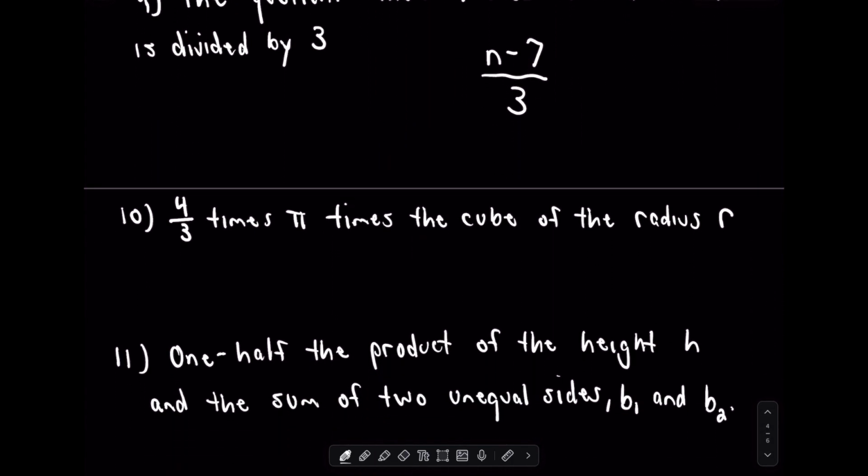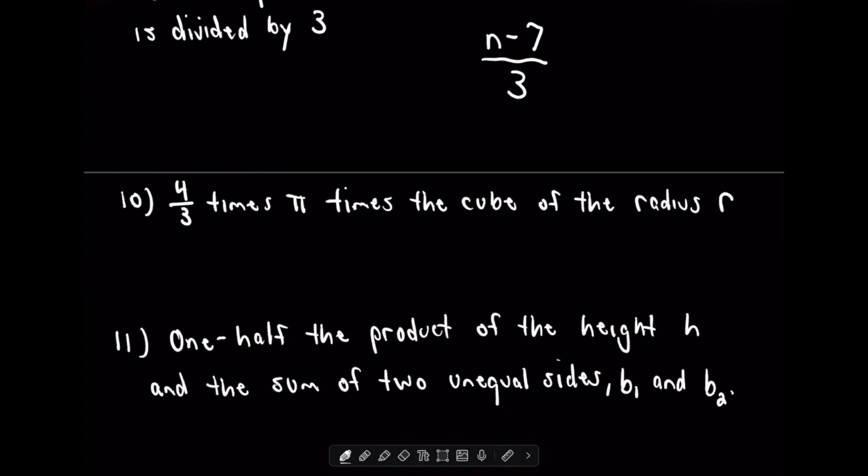Let's see, 4/3 times pi times the cube of the radius r. Okay, so we've got all this multiplication, so 4/3 times pi, and I can just stick those next to each other. It's understood that they're being multiplied. You could put them in parentheses, or you could put the dot in between them.